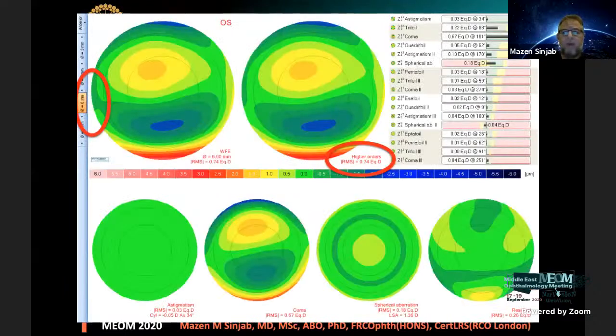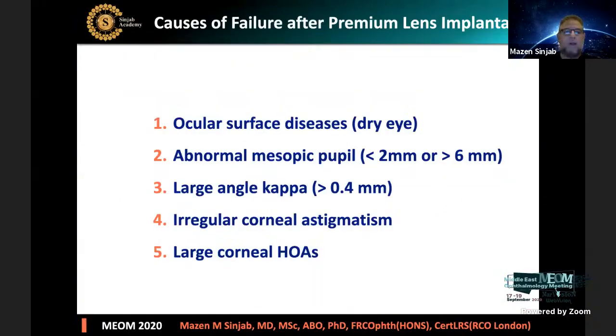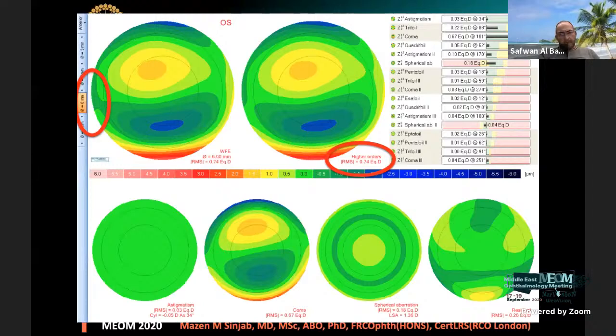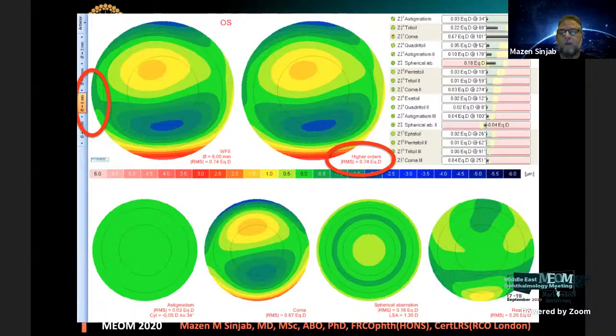For the premium IOL, if the RMS is more than 0.5 diopters, then we cannot go for the premium IOLs. What about the coma, Mazen? If the high-order aberrations... you didn't mention the coma. What will be the coma in this 0.5? Usually, if the high-order aberrations altogether, including the coma, are more than 0.5 diopters, I don't implant premium IOL.